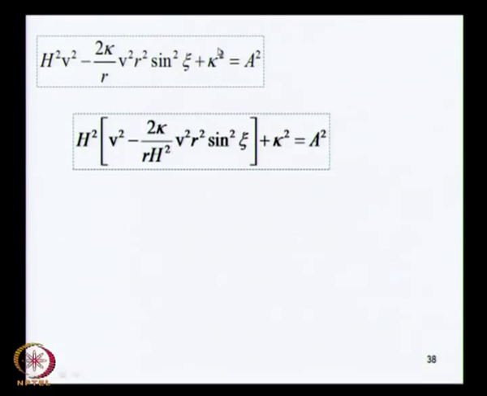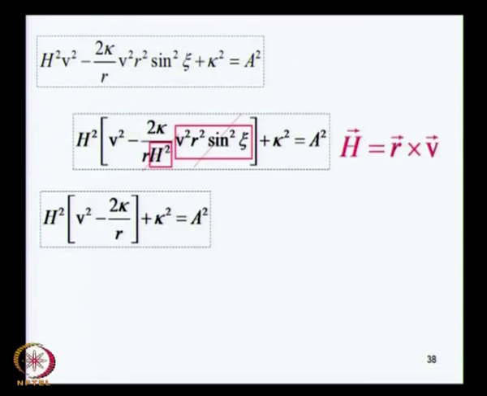The third term I leave alone as kappa square, and then I can cancel this denominator h square with this v square r square sin square xi, because h is r cross v. So, it is r v sin xi, that is the magnitude of h, and the square of it in the numerator cancels the square of it in the denominator. So, now you have a rather simpler form, okay, in which the angle xi disappears, the sin xi disappears.